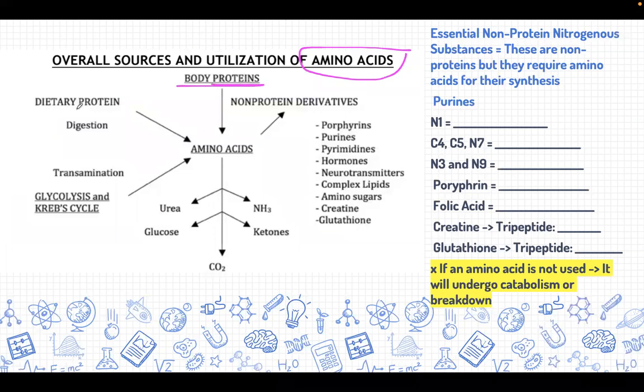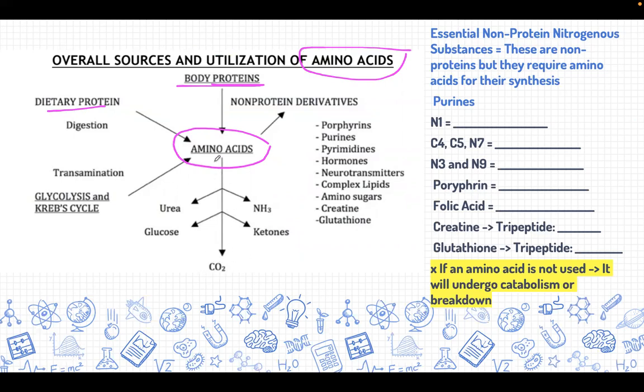Source, again, source. Okay? And then it will be broken down into simpler form or what we call amino acids. And then these amino acids will be broken down pa or meron na siya mga waste products. Pag nag-undergo siya ng isang pathway, pwedeng maging urea, pwedeng maging ammonia, it can be glucose, ketones, and carbon dioxide.